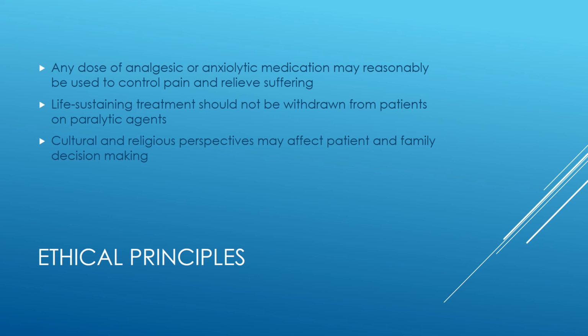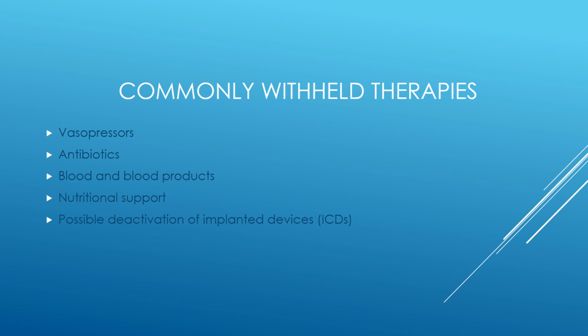Life-sustaining treatment should not be withdrawn from patients on paralytic agents. That's because you're inhibiting them from moving, so you need to wait for that to wear off before you can progress to any withdrawal of care. Cultural and religious perspectives may affect patient and family decision making, so make sure you take that into account when you are withdrawing care on a patient.